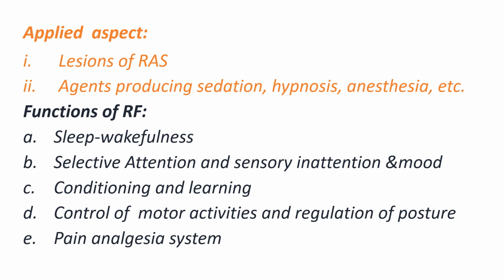We have discussed the pain analgesia system, the brain stimulated analgesia, how the raphe nuclei especially descend in the spinal cord and lead to analgesia of pain. They affect the transmission of pain impulses through the substantia gelatinosa of the spinal cord. So they modulate the pain, and I'll not go into detail. We have already discussed this.